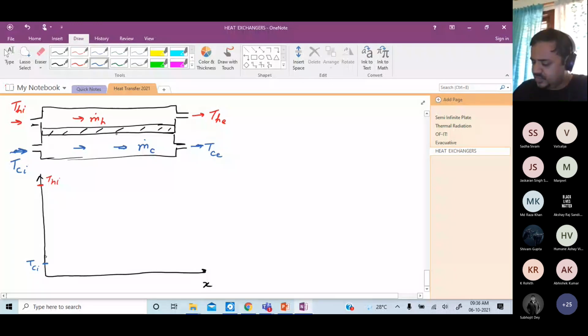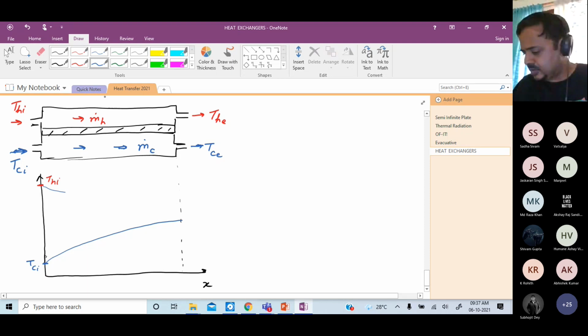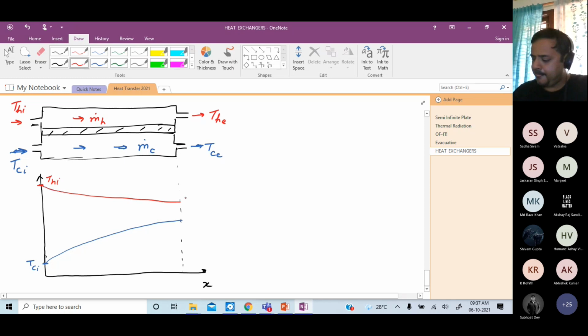As the fluids flow, the hot fluid cools down. So what happens? The temperature difference between the hot and cold fluids, which is the driving force for heat exchange, is continuously changing along the flow.